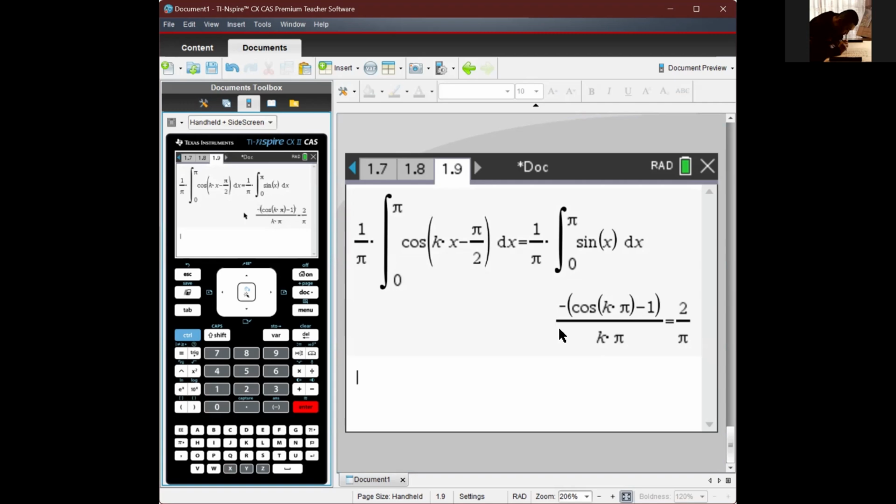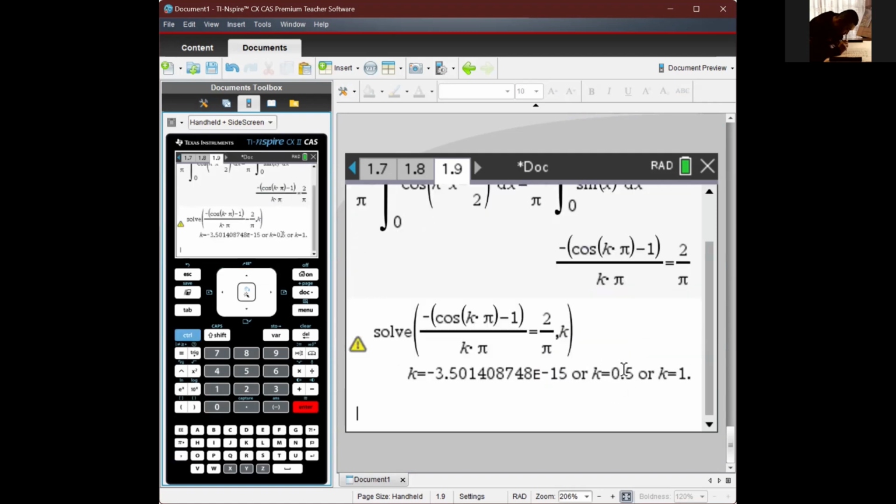So you'll be able to get something along this line, okay? And for the value of k, if you solve that, you'll get k equals 0.5 or 1. And the only available option is option E, half.